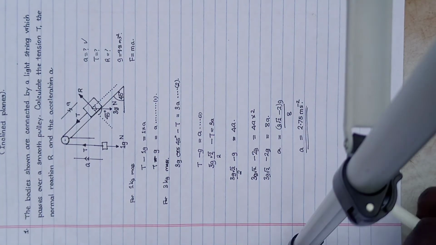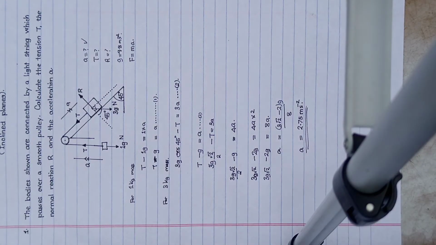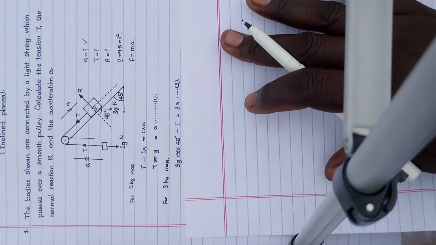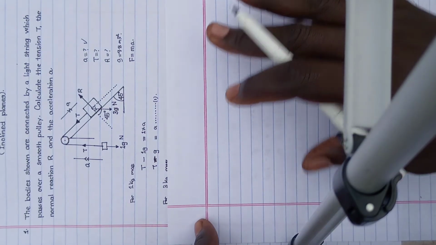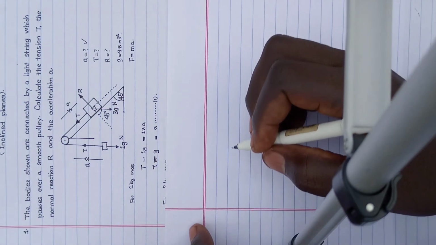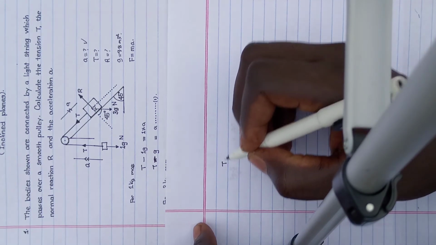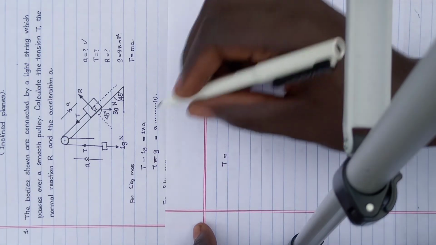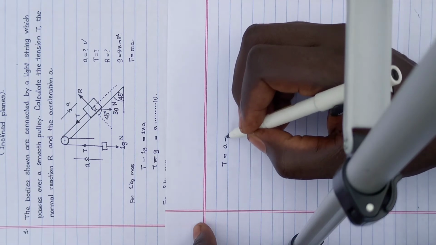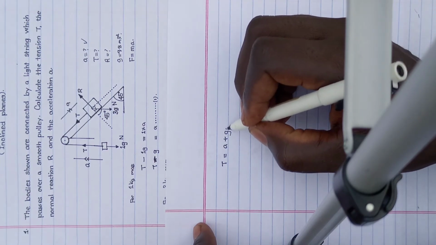So the next is getting the value of T. Simply we take the first equation, which is the simplest one. So from equation 1, T will be equal to, taking this g to the other side, a plus g.